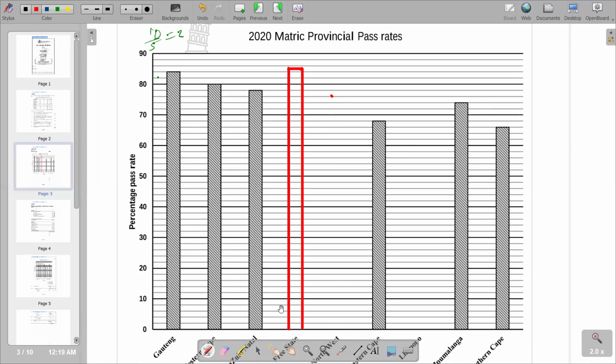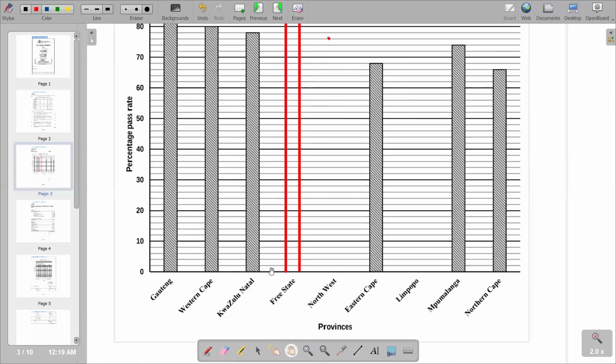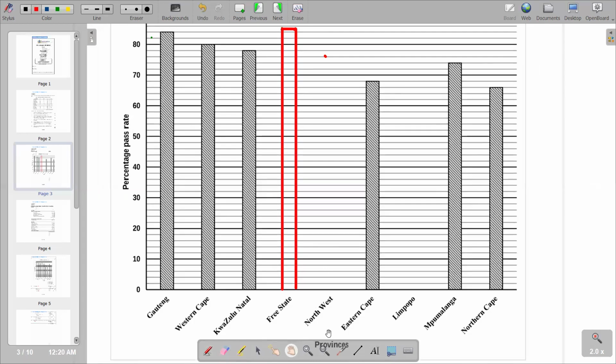So we come up with a vertical line that is going to end there. So we have here 76.